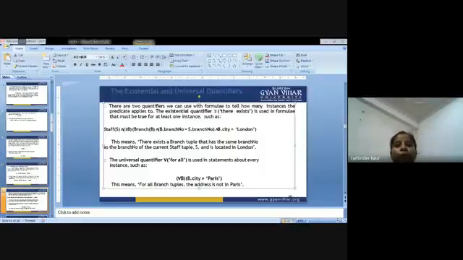There are two quantifiers we can use with a formula to tell how many instances the predicate applies to.